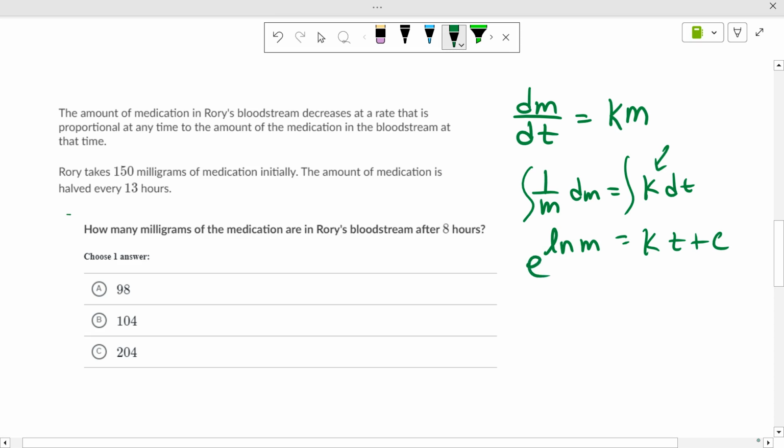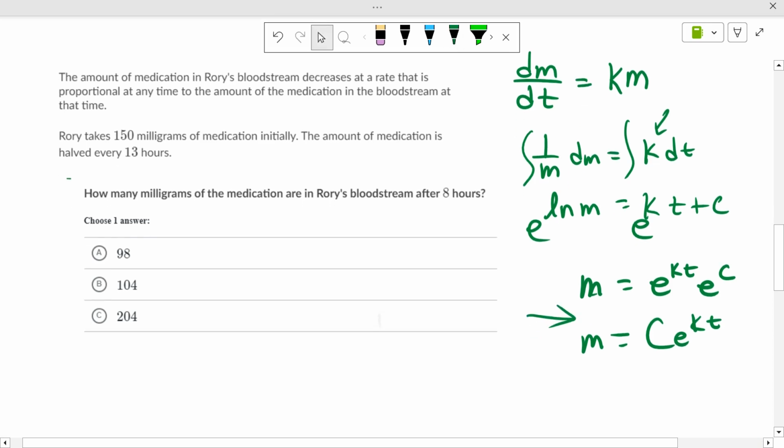So if I e both sides, then m equals e to the kt, e to the c, or m equals c e to the kt. And we'll see this equation lots. Okay?